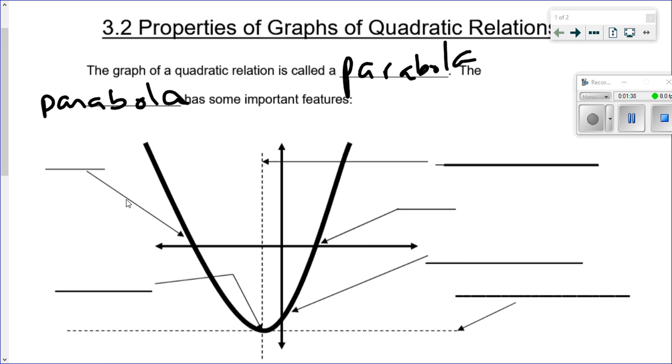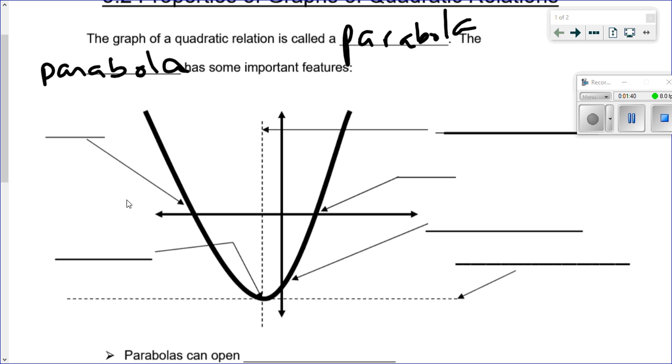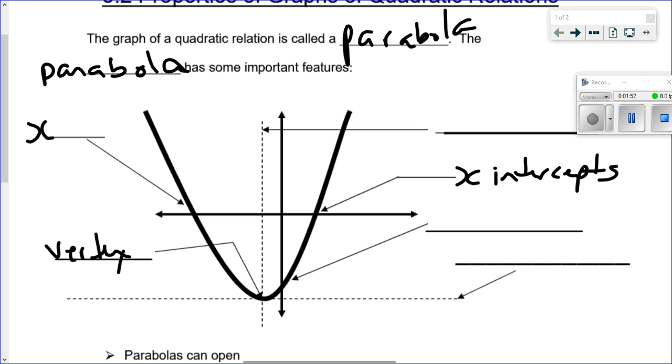The single most important feature is the vertex. But almost as important are the x-intercepts. And there can be 2 x-intercepts, there can be 1, there can be none.